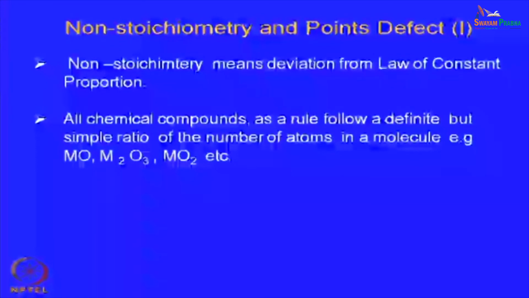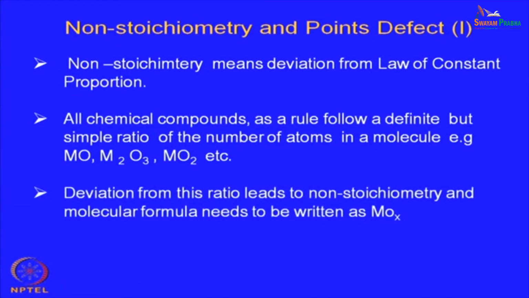So, either it is 1:1, 2:3 or 1:2, etc. When that is deviated, that is what we call non-stoichiometry. Instead of 1:1, it may be slightly some fraction of 1, which means there are some defects in it, and because of the defect the ratio has been changed.